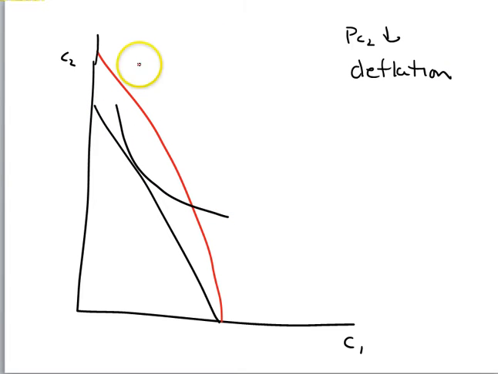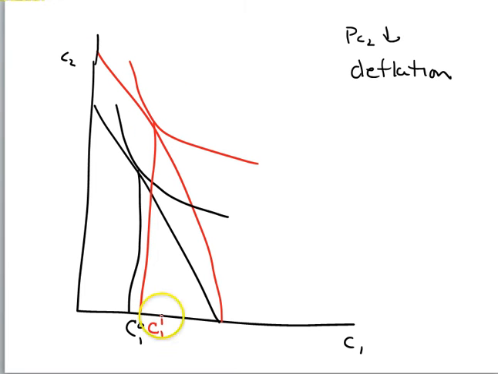And I can draw two indifference curves, C1 naught, and final consumption, C11, and say, what's happening here? Well, let's decompose this into a substitution and an income effect. How do I find the substitution effect?